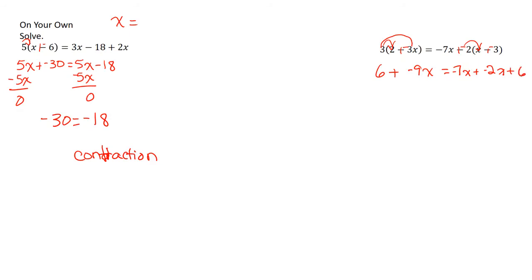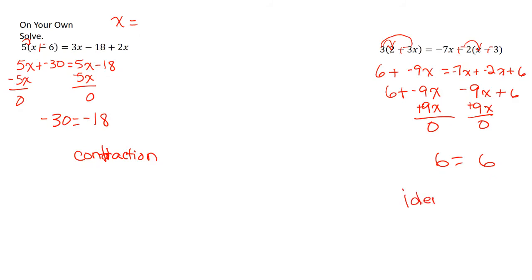So we have, this is a negative 9x plus 6, and over here we have 6 plus negative 9x. So if I want to get my 9's together, that'd be a positive 9x. And now, negative 9 plus a positive 9 is 0 and 0, so we have 6 equals 6. And we know that is true, so this one is an identity.